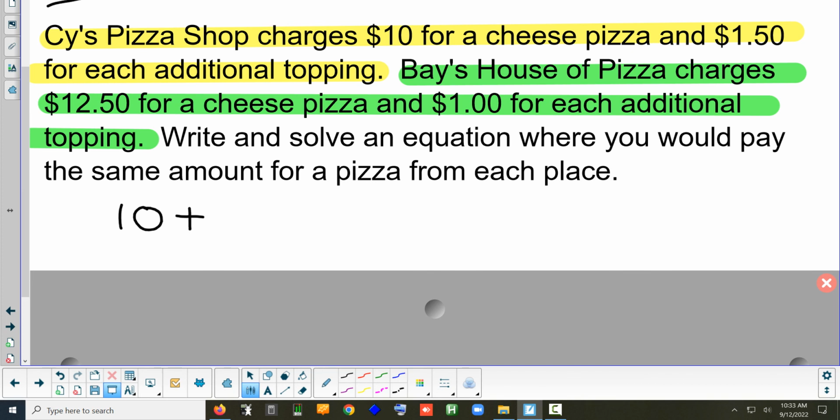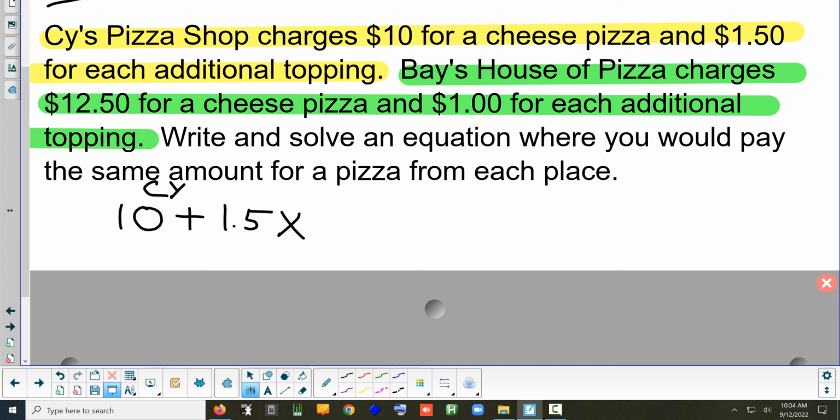So for Size Pizza Shop, we pay $10 plus, how much do we pay per topping? $1.50, and do we just pay $1.50 for all the toppings? Or do we have to pay $1.50 for each topping? Each. So it's $1.50 times how many toppings we get.